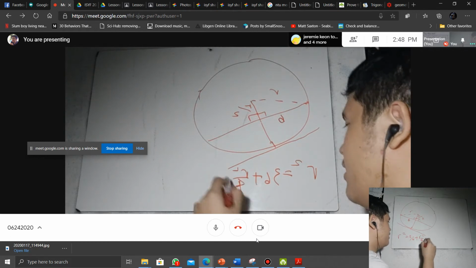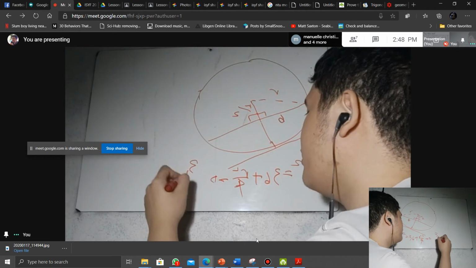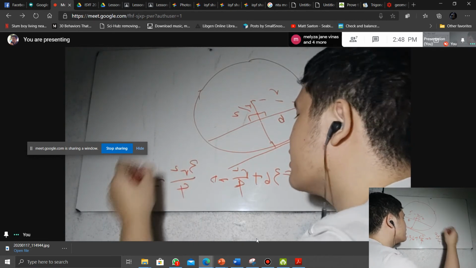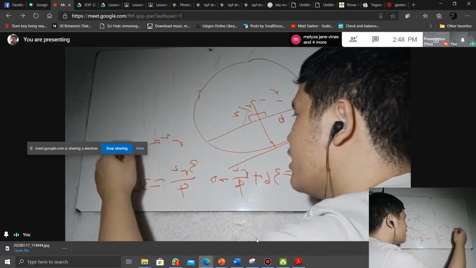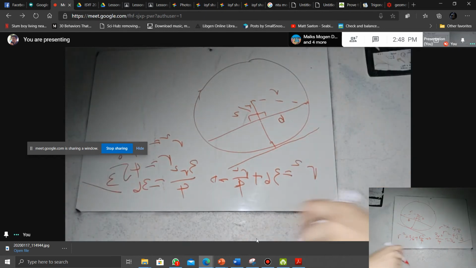Then, simplifying, 3r squared over 4 equals 36. R squared equals 48. R equals 4 square root of 3. Good job!